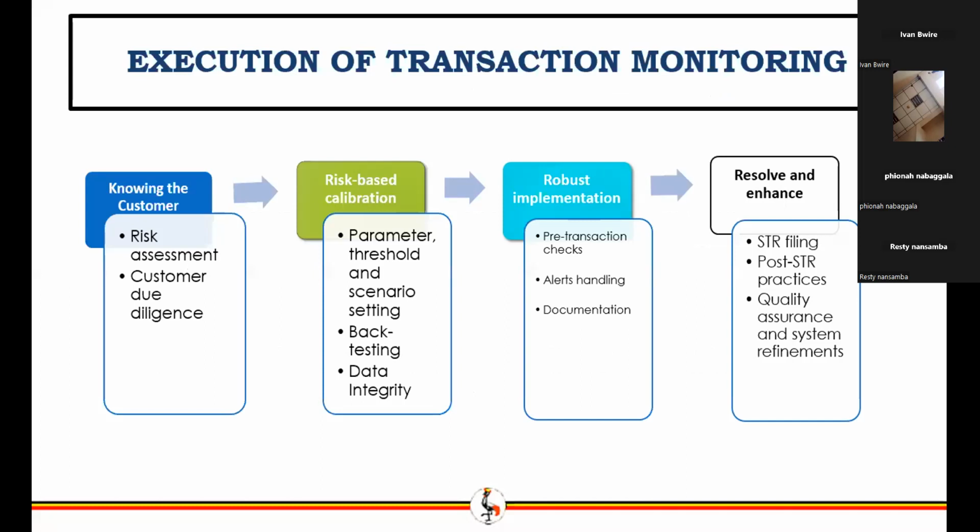So as you see, since I started with the risk profiling, when you're monitoring clients, what will help you in the first place is whether you assess the risk of your clients. And this is entirely based on the know your customer documentation.